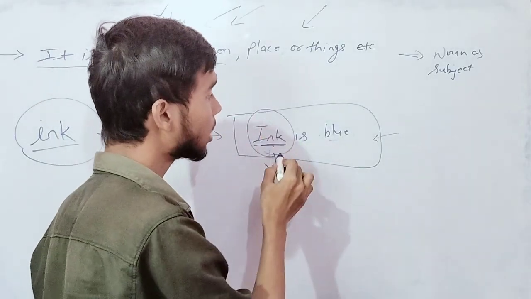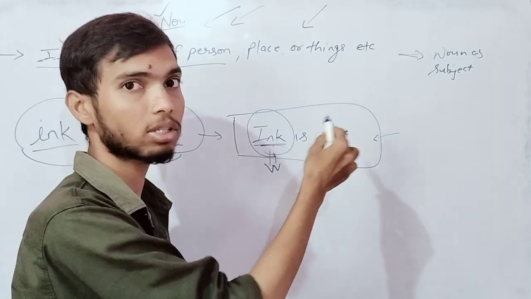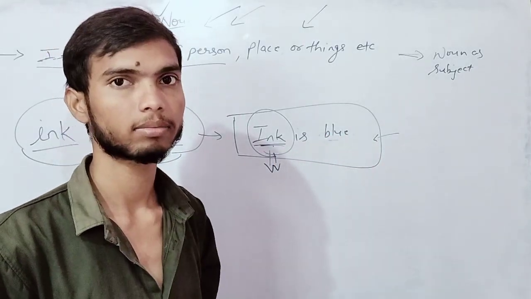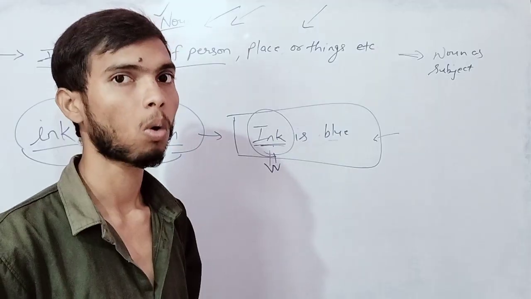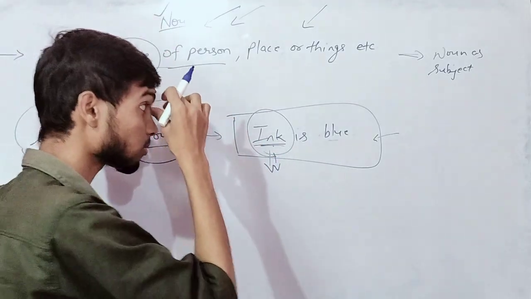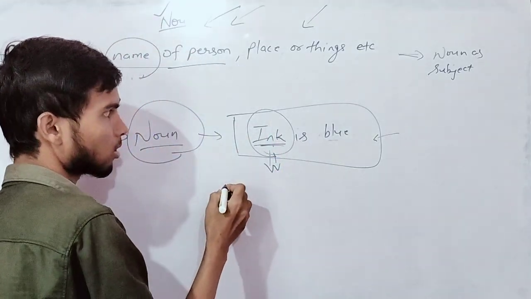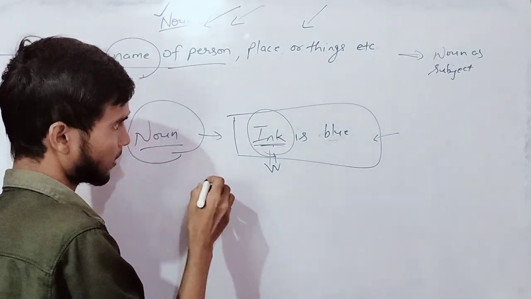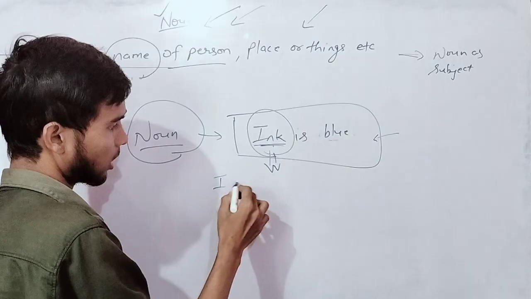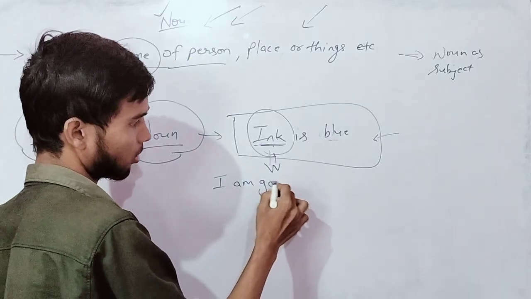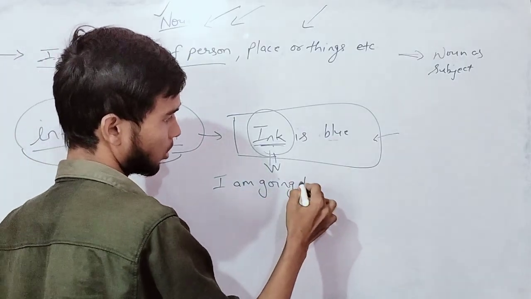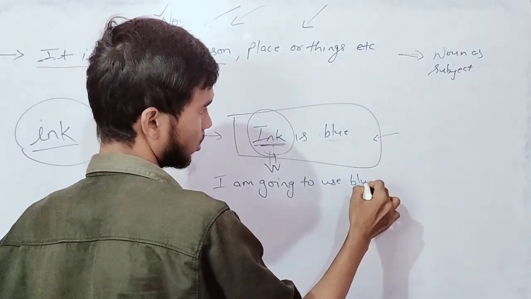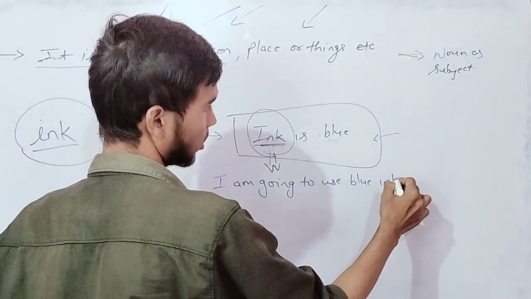Now we can also use this as an object here on this side. Clear? For example, I am going to use blue ink.